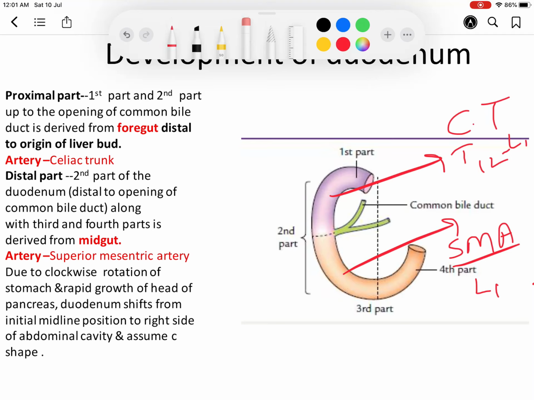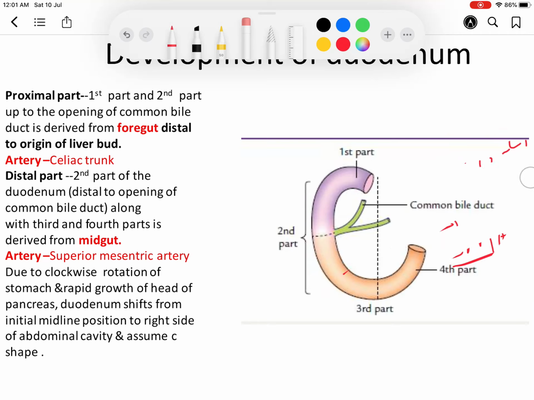Now, due to clockwise rotation of the stomach and due to rapid growth of the pancreas, the head of the pancreas, the duodenum, which was initially in the midline position, is shifted to the right side.